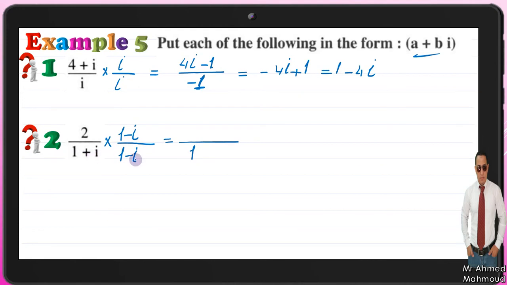I times negative i equals negative i power of 2. Negative i power of 2 changes the sign, equals positive 1. Here 2 times 1 equals 2. 2 times negative i equals negative 2i. 2 over 2 equals 1. Negative 2i over 2 equals negative 1i, which is negative i. You can use a calculator to simplify, it's okay.